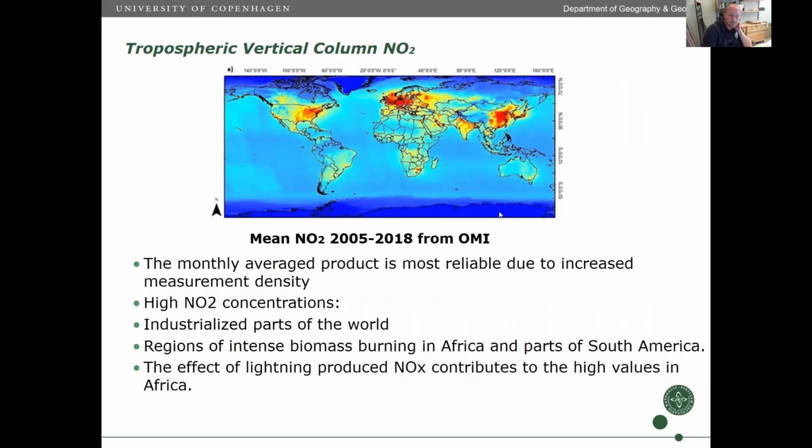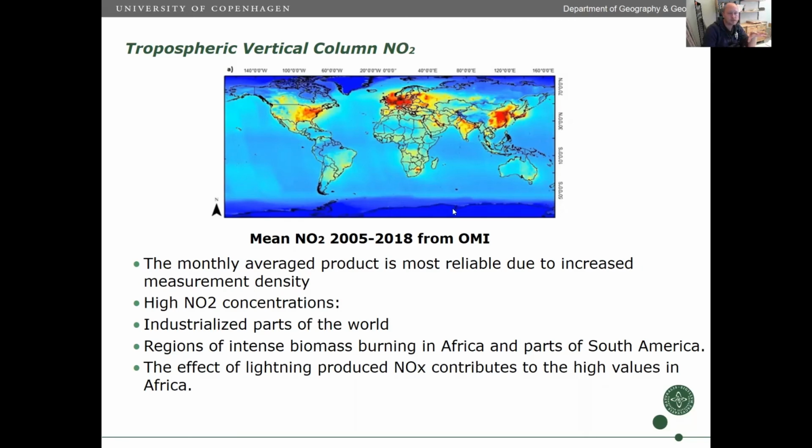It's also that data that you will work with during the exercise later this week. And when working with this data, like mentioned before, you should use some monthly average product, since there are some errors left when having just the daily product. So in order to make it as reliable as possible, we should take some sort of average estimate of a longer period, such as, for example, a month.